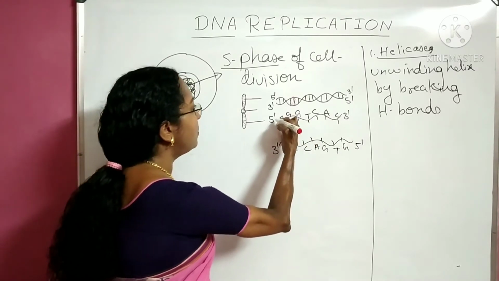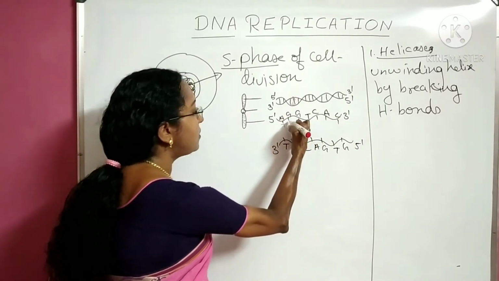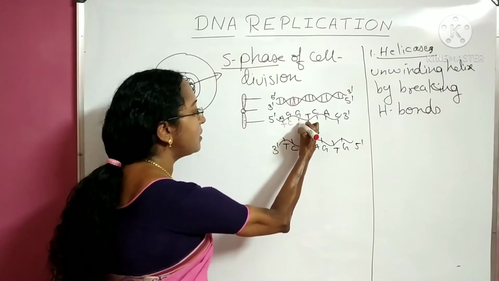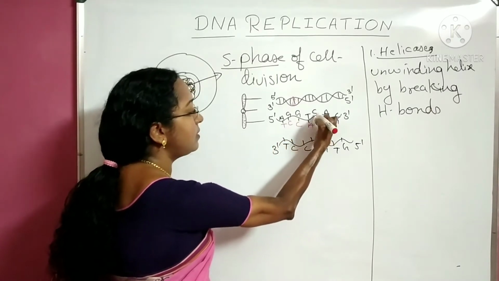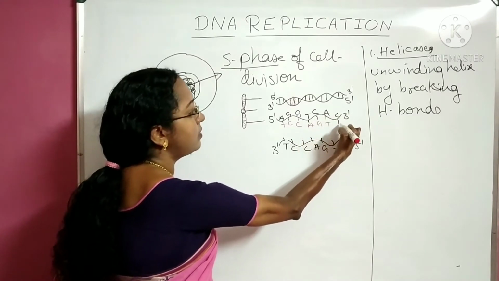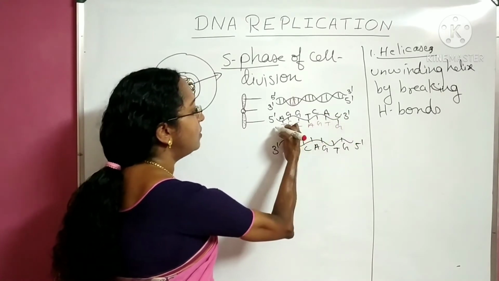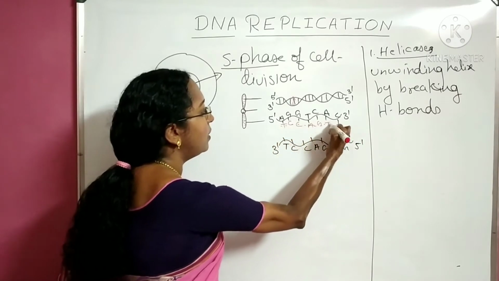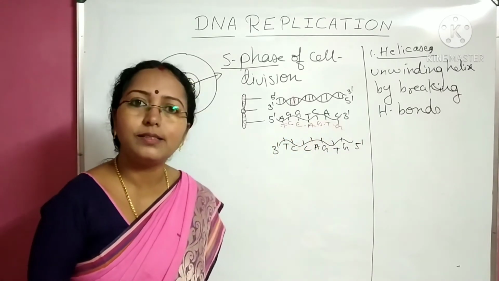If it is C here, it is G. If it is A here, it is T. So this strand which I have written now is the new strand that is formed.